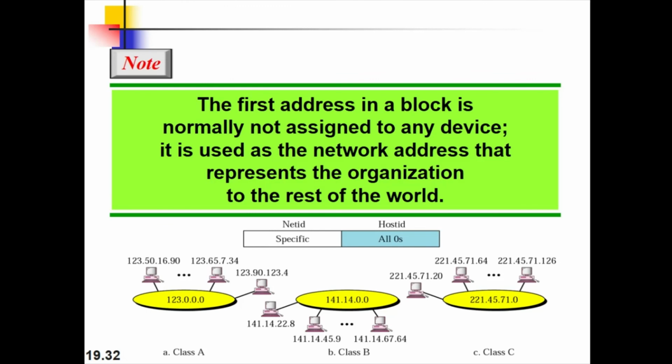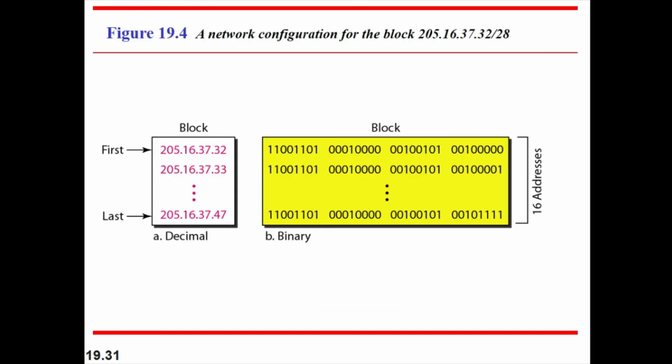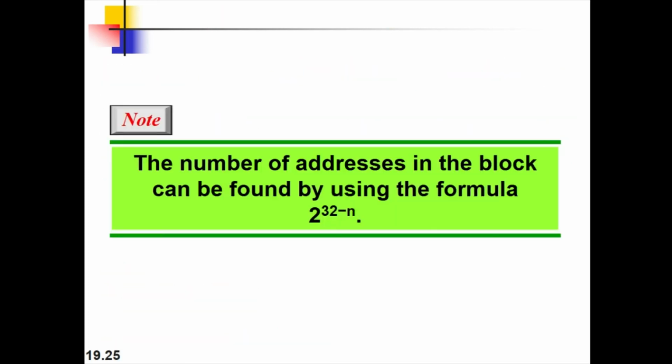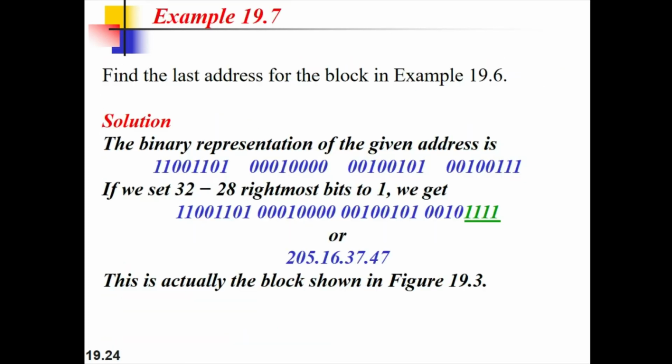Basically, we have two methods. The first one, we can use the formula. You use the total number of IP bits, size 32, minus the mask of the address, to get n. In order to get the first address, you change the n rightmost bits to 0.